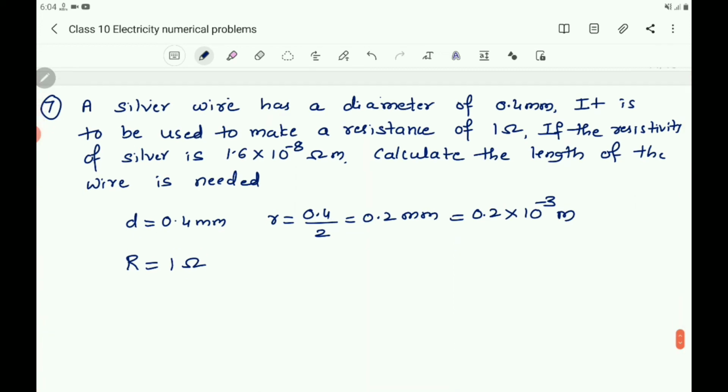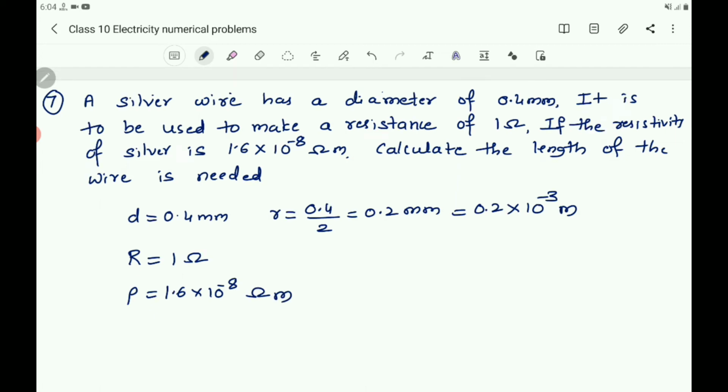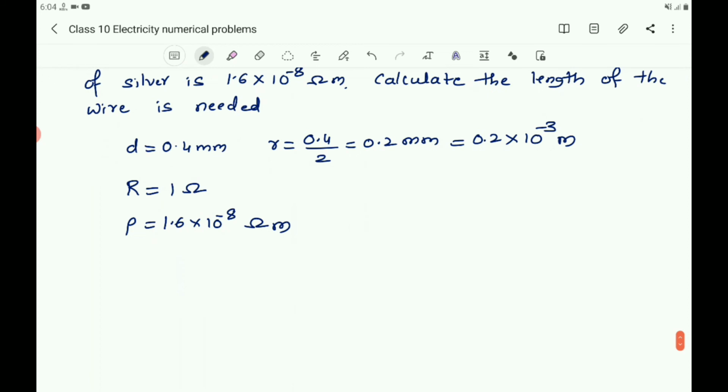Then resistivity is 1.6 into 10 power minus 8 ohm meter. And write the relation among all these: R equals rho into L by A. Here we have to find out L, so L equals question mark.